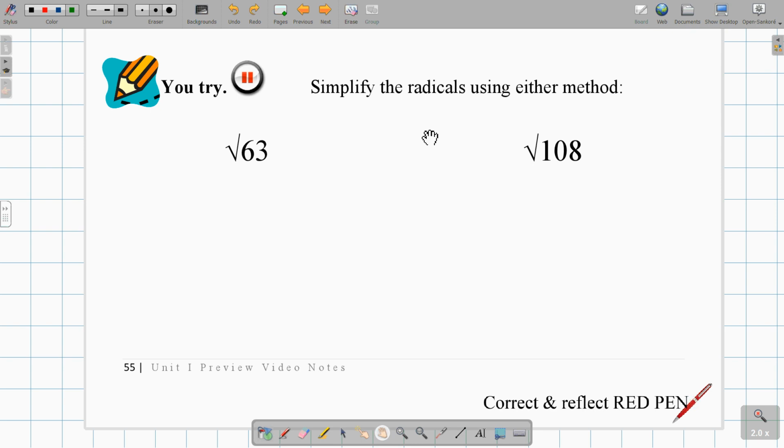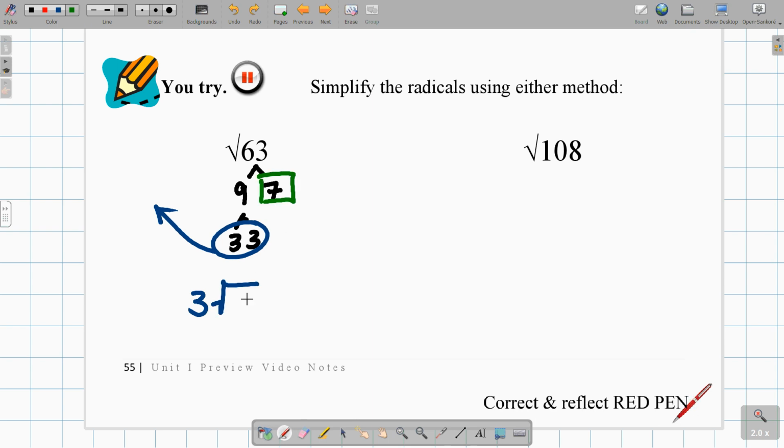108. You take out the dates. Doesn't matter which pair comes out.